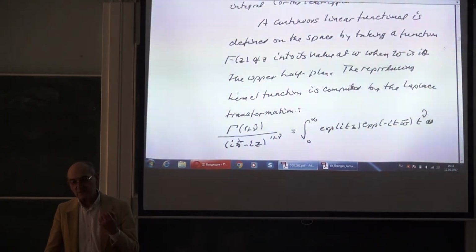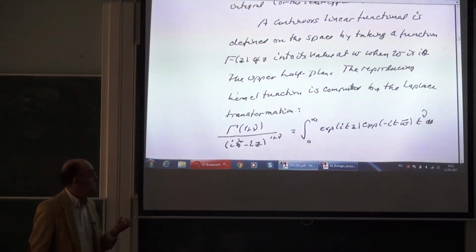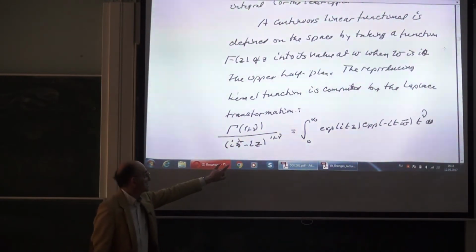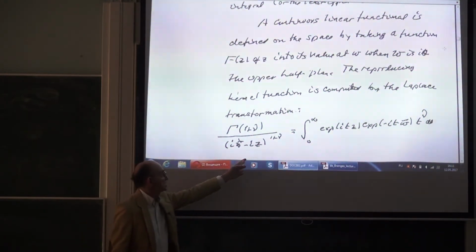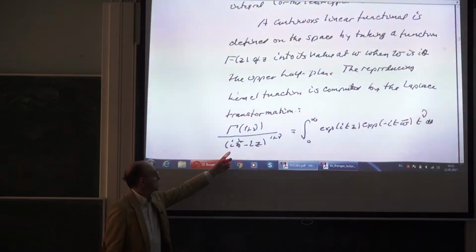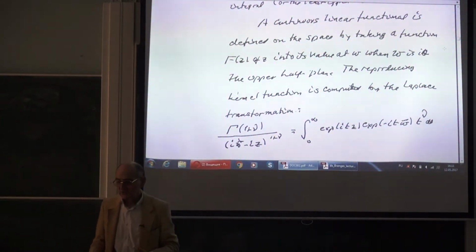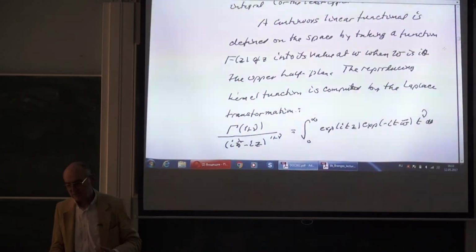These elements of the space are called reproducing kernel functions. For this space, the reproducing kernel function is a function of two variables. As a function of z, there's a parameter, the conjugate of w, raised to the 1 plus nu power. This function of z belongs to the space, and when used as a scalar product with an element of the space, it gives the value of the function at w.